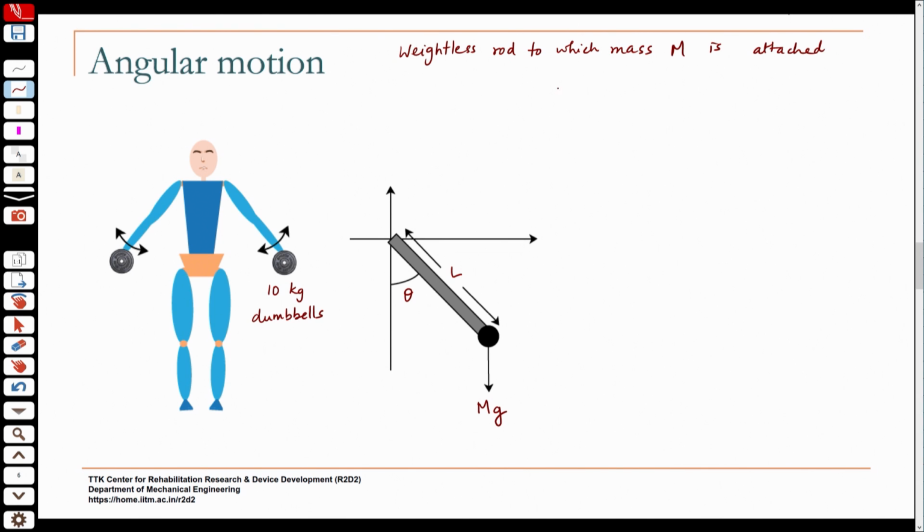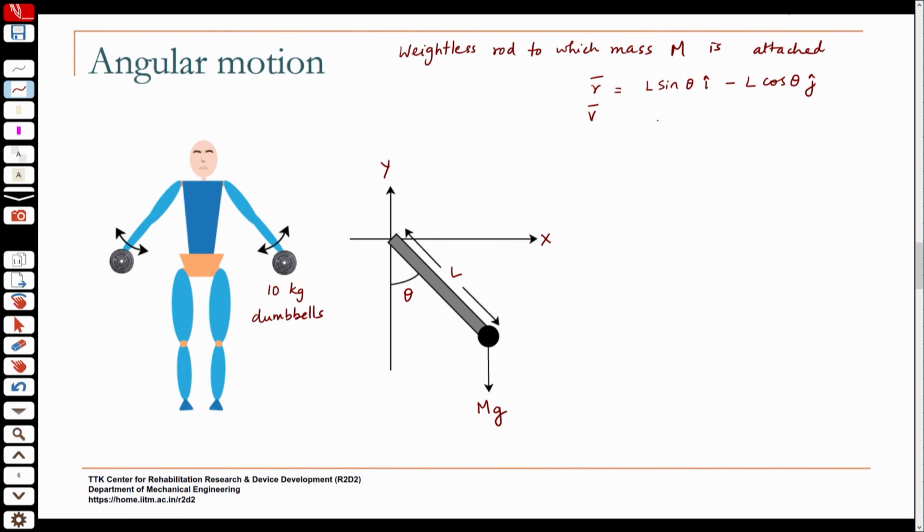So, again we start off with the position vector. If I take this as my x y, r is equal to L sin theta along i minus L cos theta along j. That is the position vector.